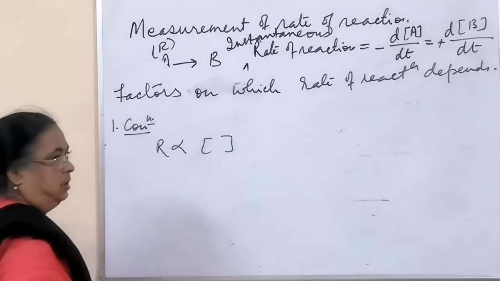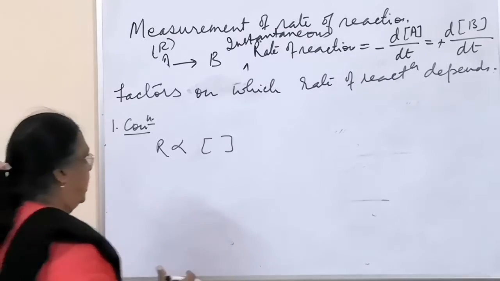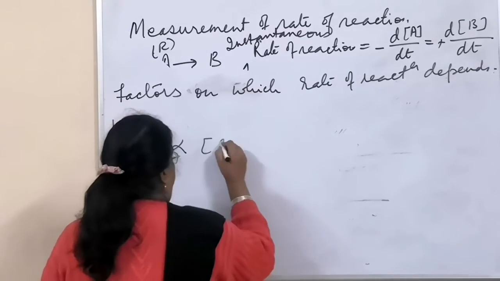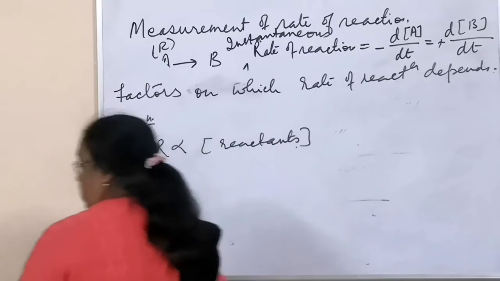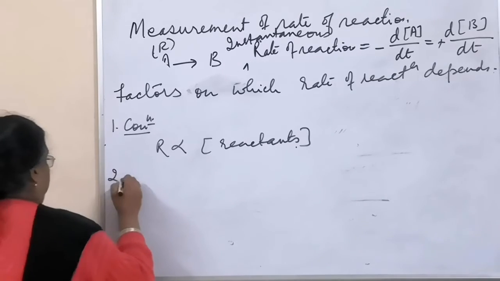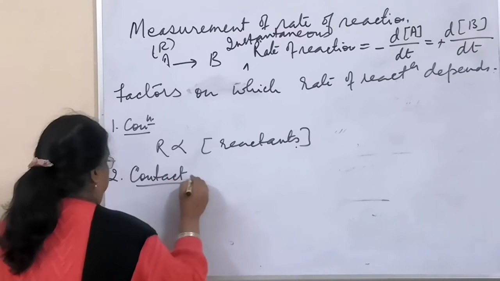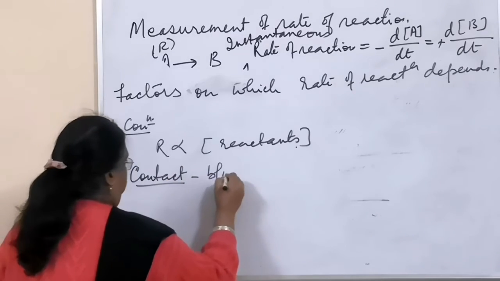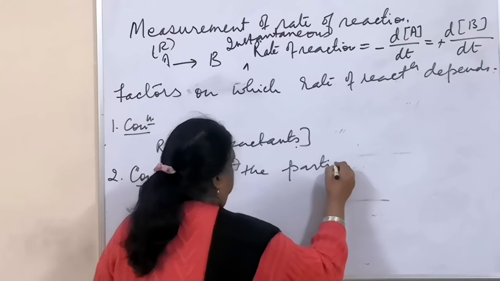Okay, the reactants will be what? The substances which are combining are reactants. Then the second factor is contact between the particles. Which particles?